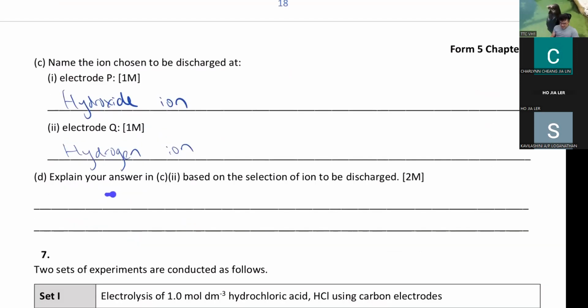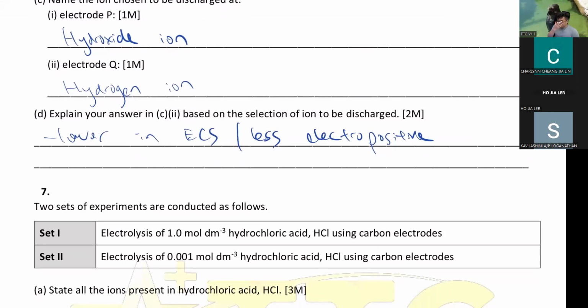So explain your answer in C2 based on the selection of the ion. Why choose hydrogen? Like I said, they are lower in the ECS. They are less electropositive. Because this guy is positive. It's less electropositive.